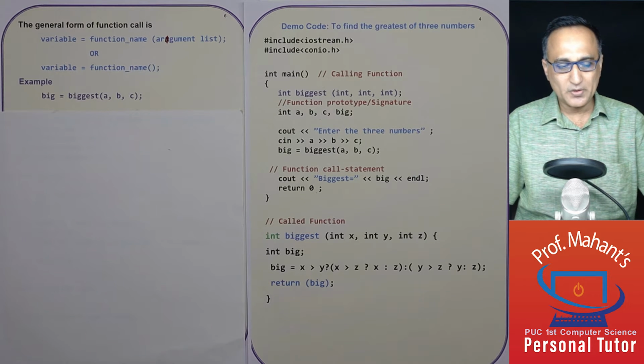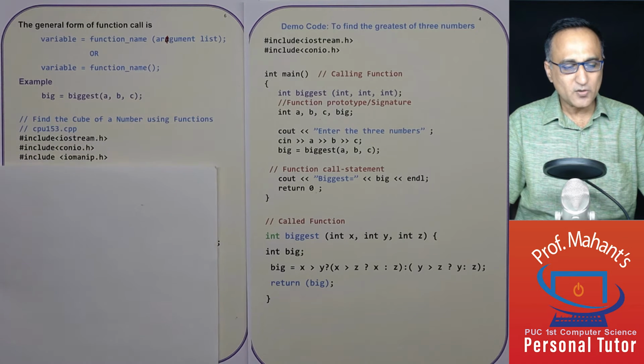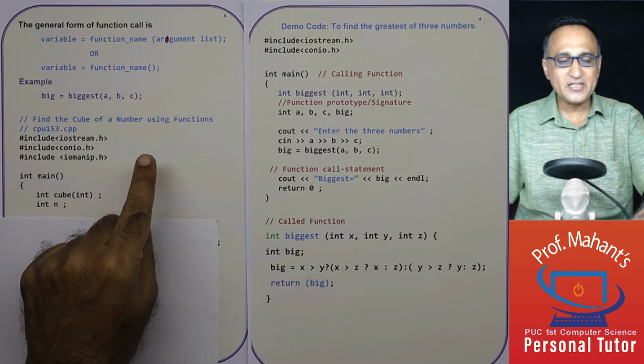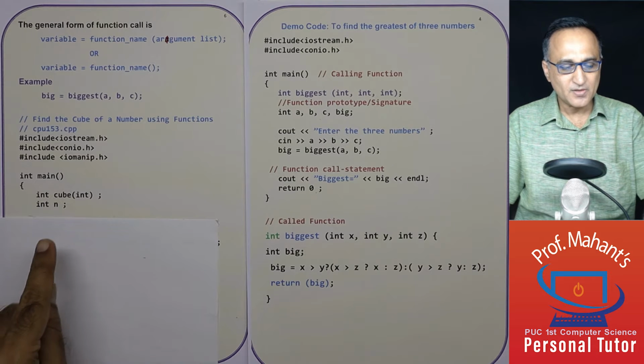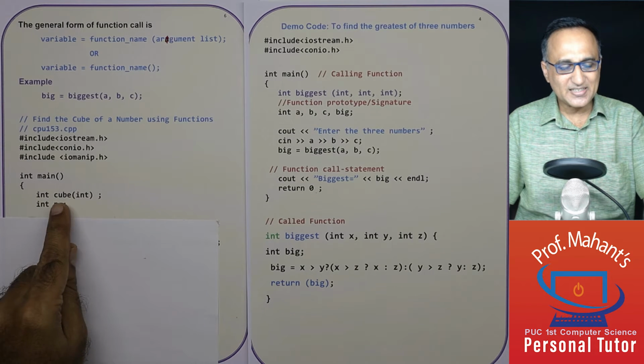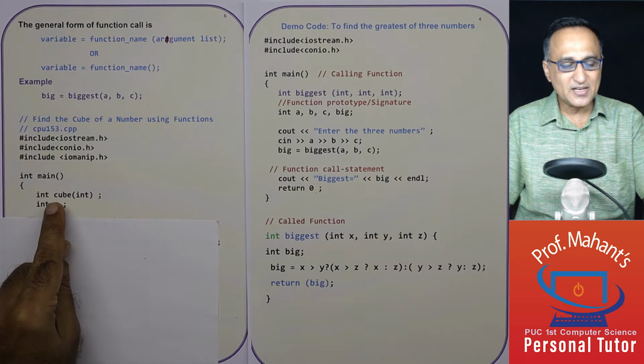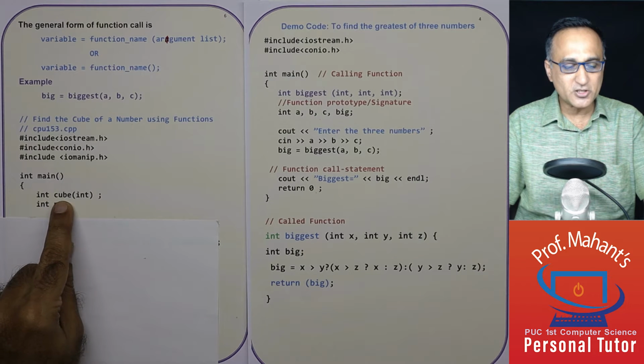Now let's expand our understanding of functions. Here I have created a function called cube to find the cube of an integer. So this int cube int is telling me the name of the user created function is cube.